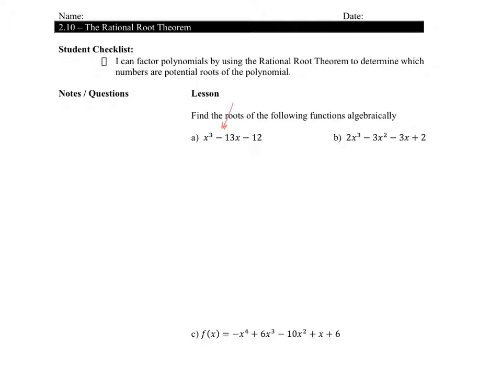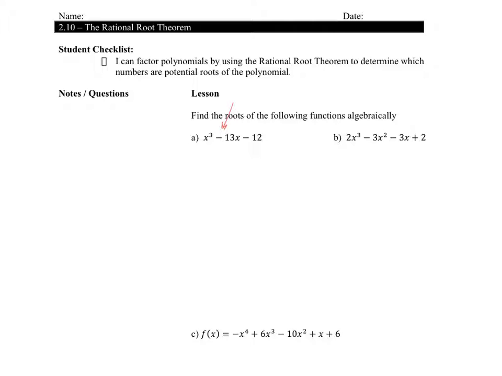But it's a cubic, so I would give you one of the roots, and then you'd have to find the other 2 using the quadratic formula, or completing the square, or double bubble, or whatever works for you once it becomes a quadratic. But this theorem is going to help you narrow down the possibilities of that first root so that I don't have to give it to you anymore. I can just say, here's a cubic or a 4th degree polynomial, 5th degree polynomial, find all the roots. And you can use this theorem to help you find those roots.